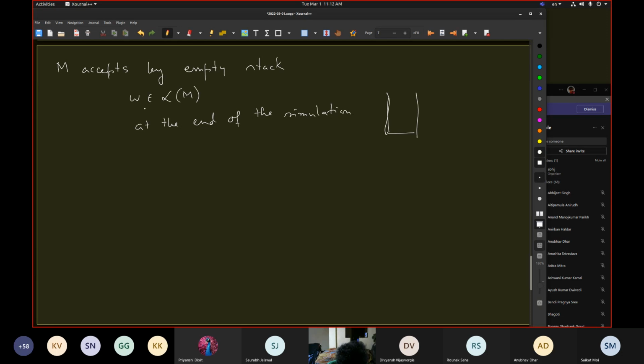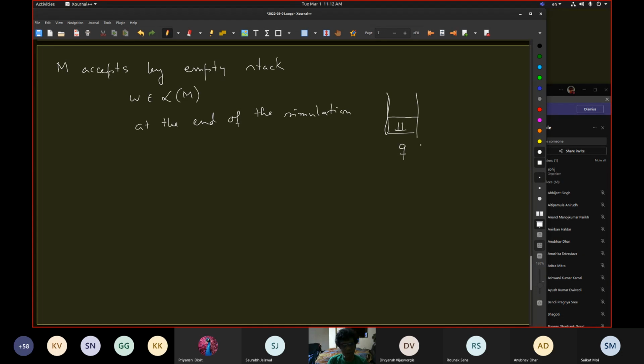Because M accepts W, there is a way that M ends up at some state with its stack empty. But actually the stack is not empty. Something else is sitting there. So after the end of the simulation, this is the state, and this is the content of the stack, because on top of this new bottom marker, that was basically the stack for M.